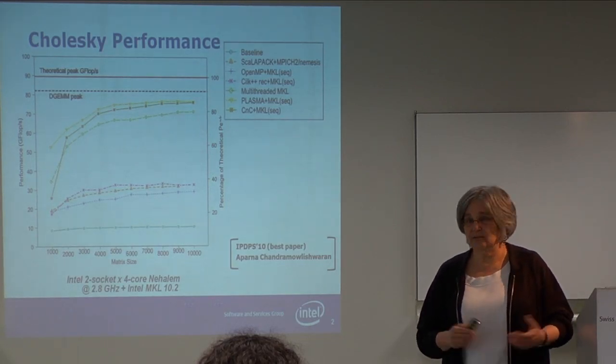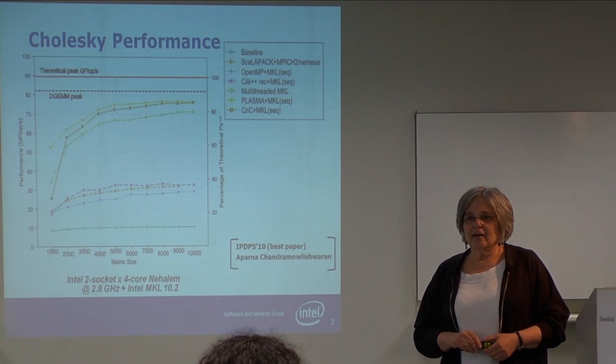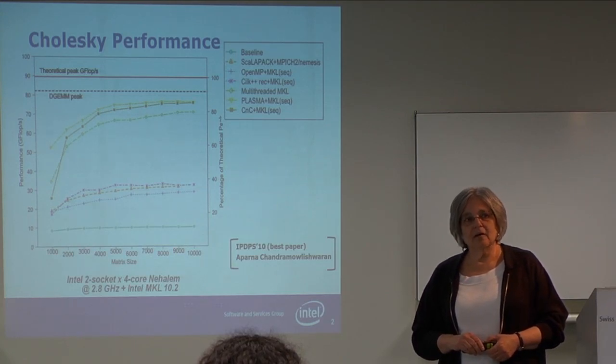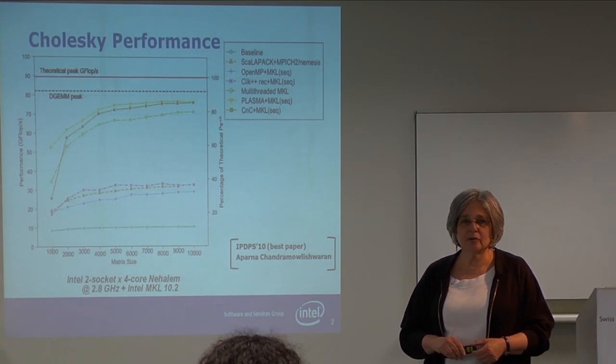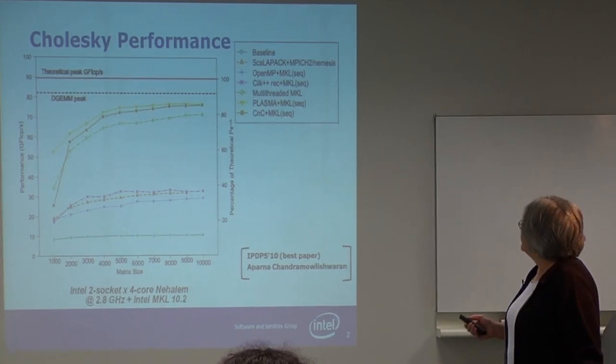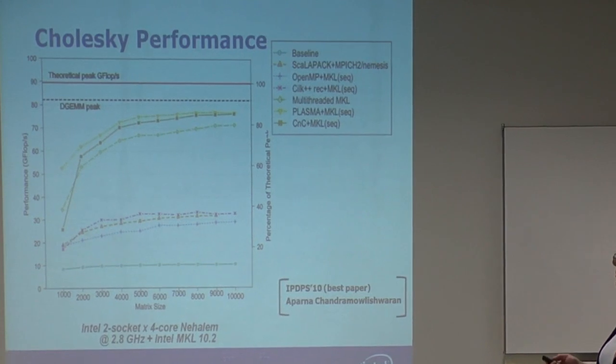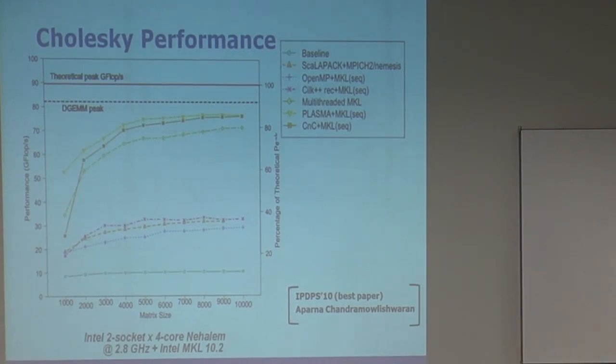She is in the applications field, and she's at Georgia Tech with Rich Vuduc. So she did some Cholesky experiments. These are the matrix sizes here, and these are the performance numbers, so higher is better.